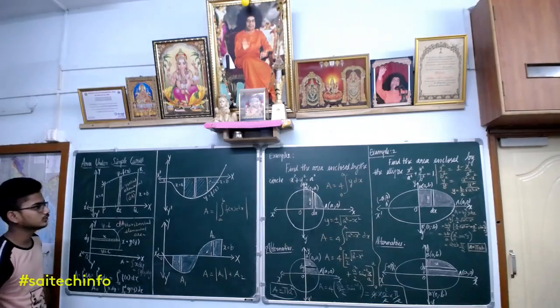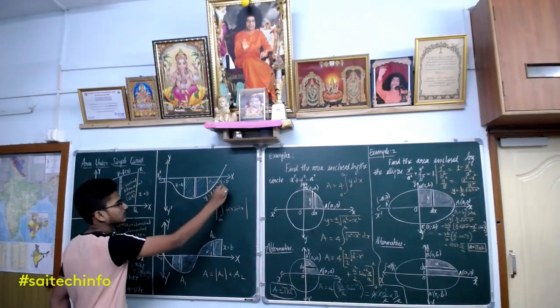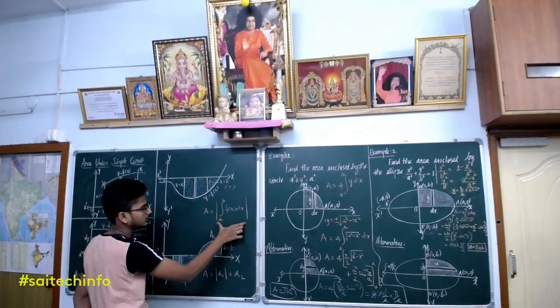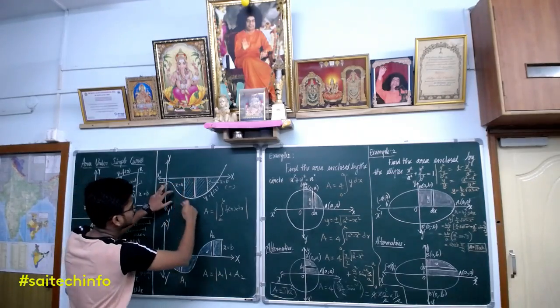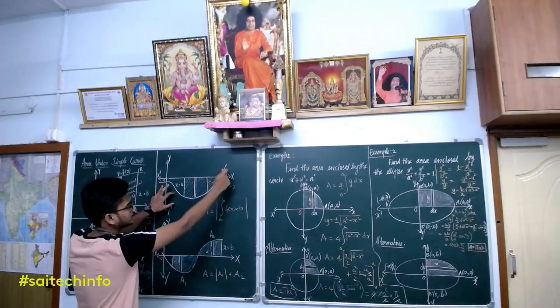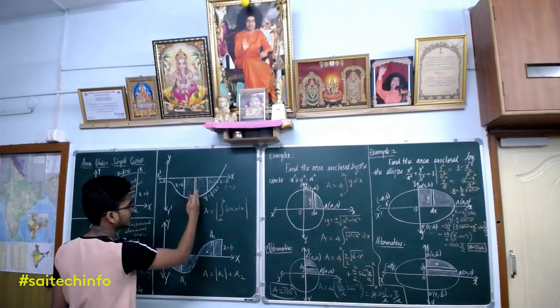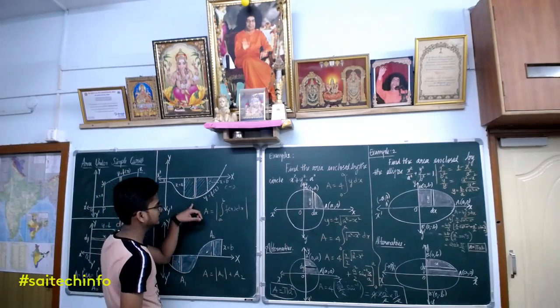Now moving on to area under the axis. Below the axis the values are negative, so we take the modulus in the formula. Here the curve lies below the axis and covers some part of the x-axis, so we take a difference. We take the vertical element area, which is the same dA.